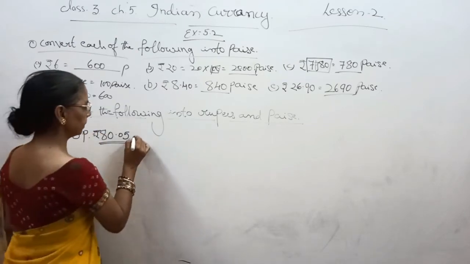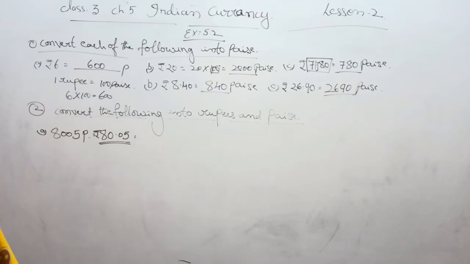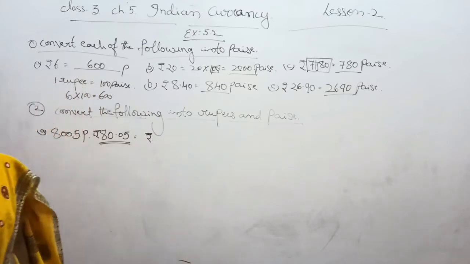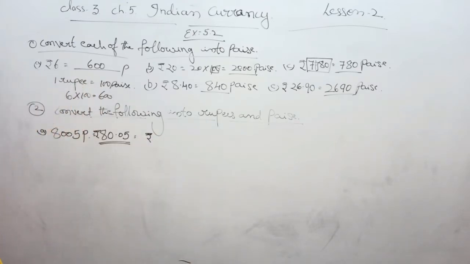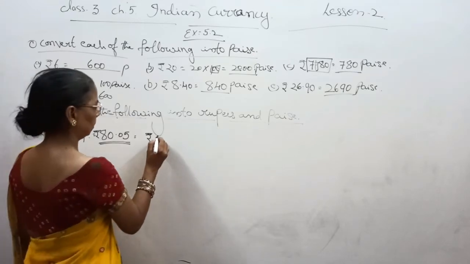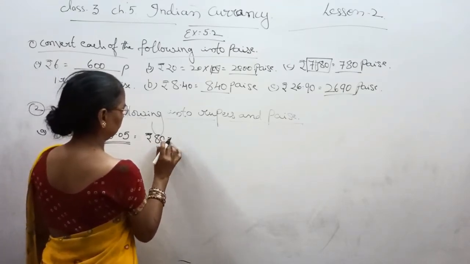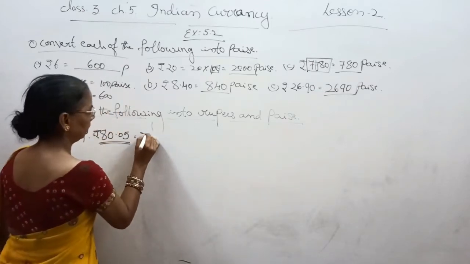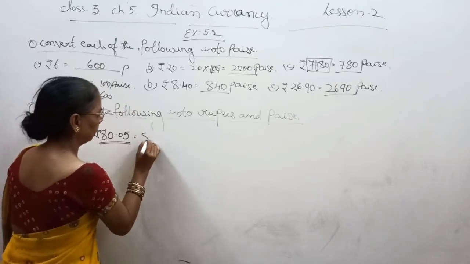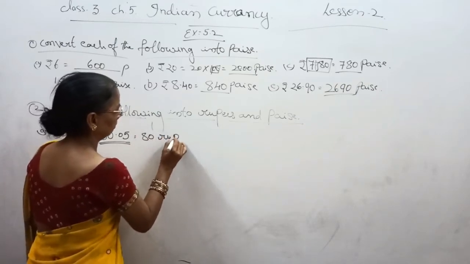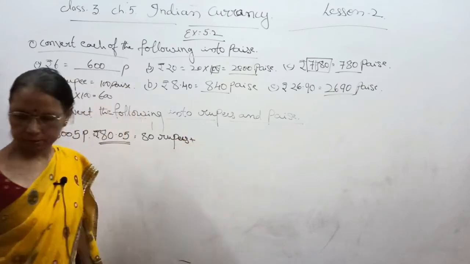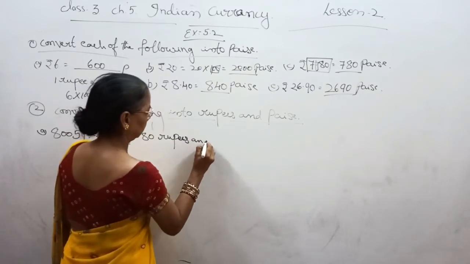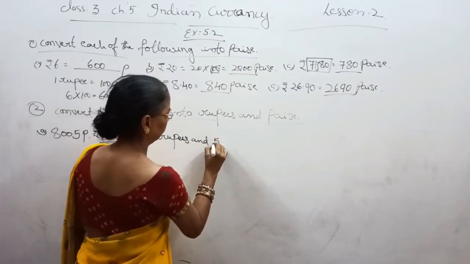Now we have to write it as rupees 80 and 5 paise.